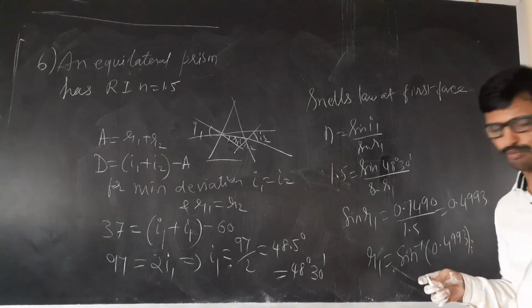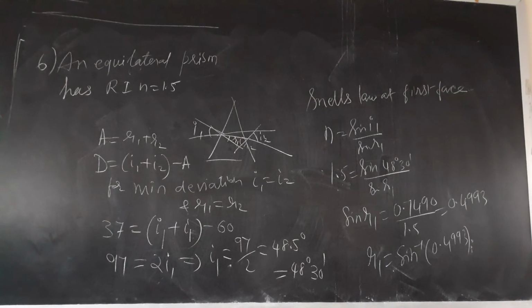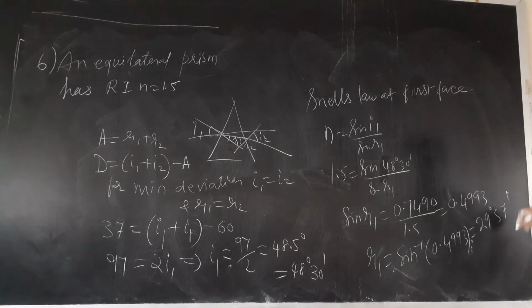If you find sine inverse of 0.4993, it is 29 degrees 57 minutes.